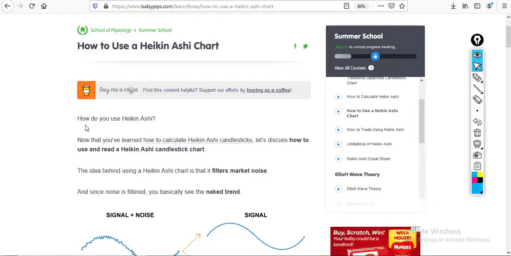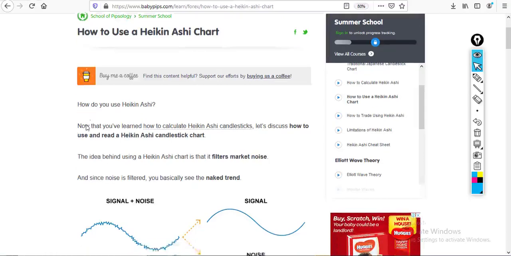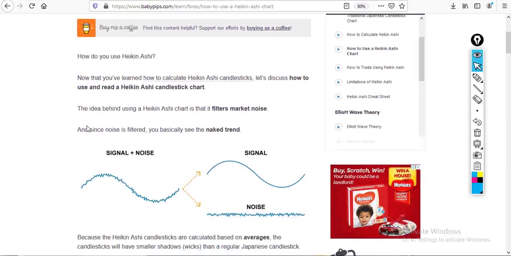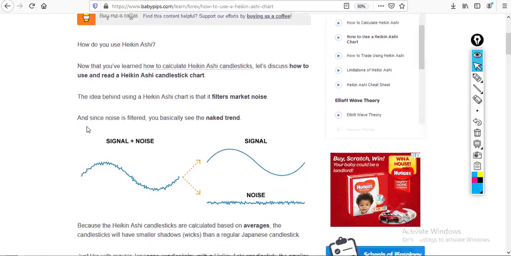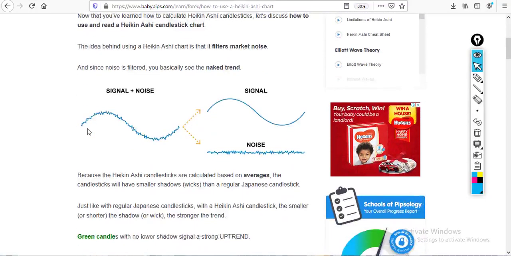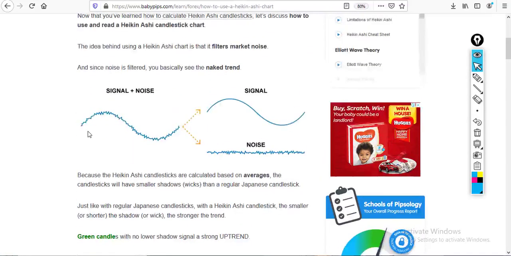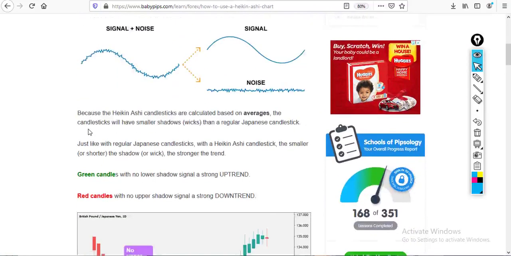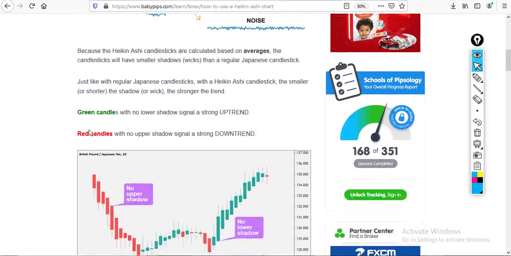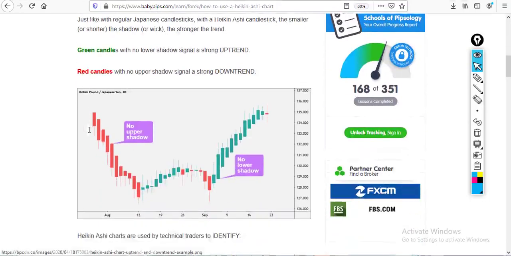Since we now know that we can use the Heikin Ashi chart pattern to filter market noise, and we now have a clear market chart with us, we can learn to see the chart differently. So how do we understand the chart right now? Let's look at this.